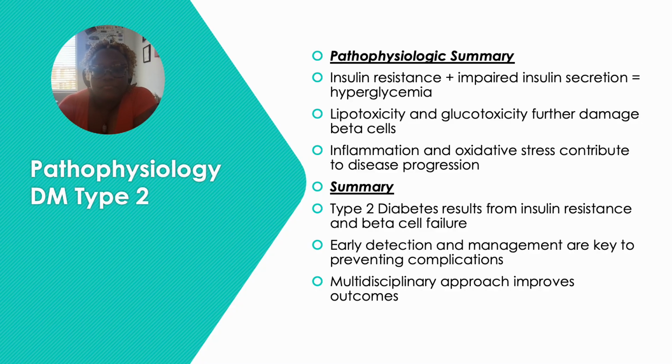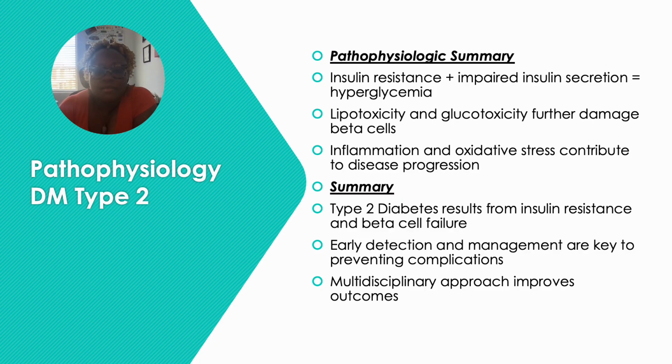Pathophysiological summary for type 2 diabetes. With type 2 diabetes, there's insulin resistance coupled with impaired insulin secretion, and that adds on to increased hyperglycemia. Lipotoxicity and glucotoxicity further damage the beta cells.